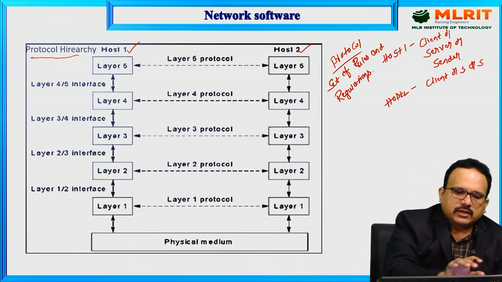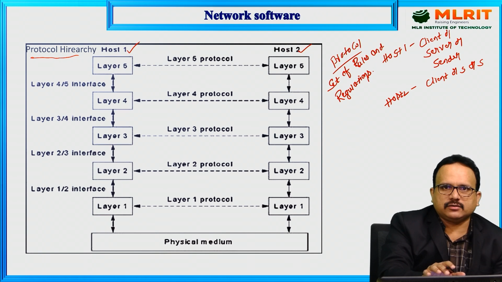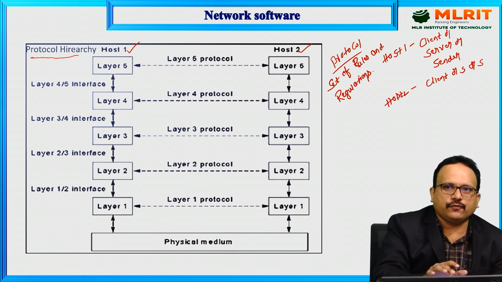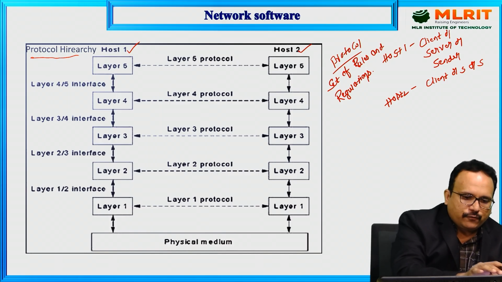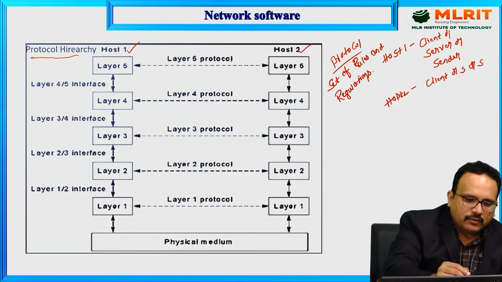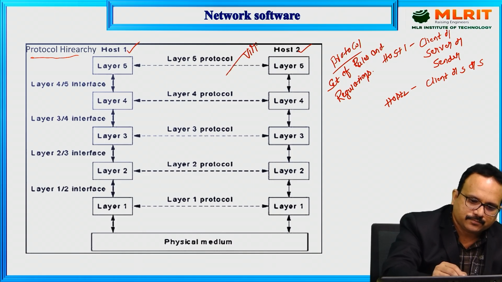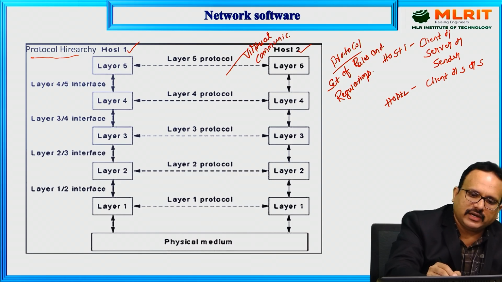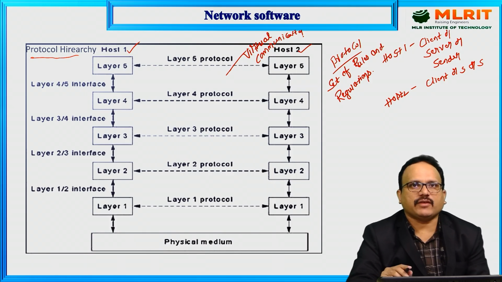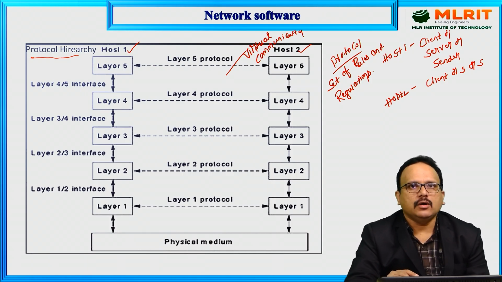If you want to facilitate the communication between two layers on two different hosts, we call it virtual communication. This dotted line indicates virtual communication, right? So say, for example, layer 5 in host 1 wants to transmit data to layer 5 in host 2.